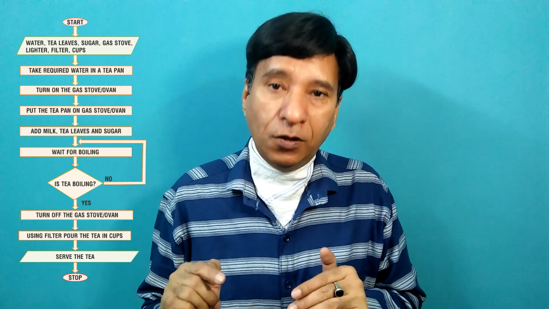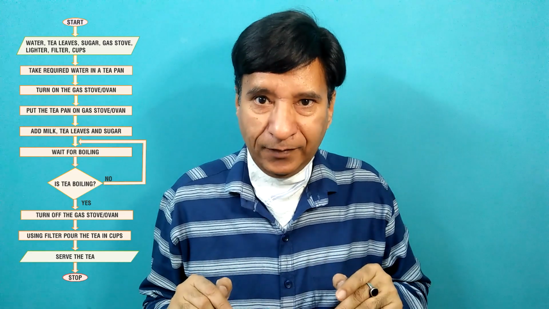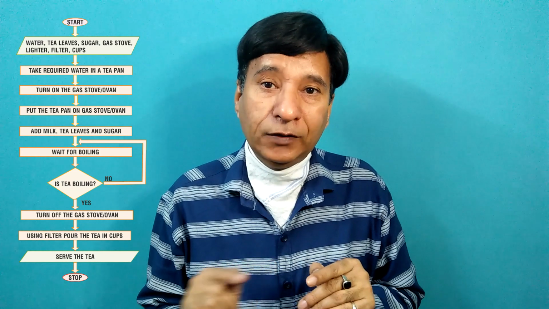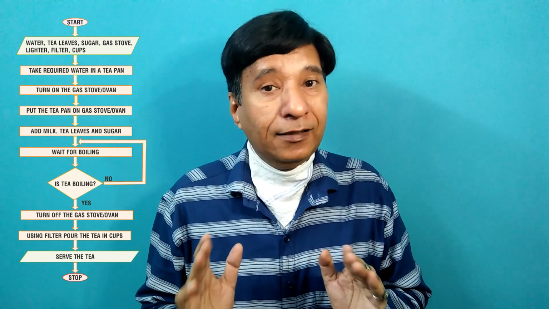So make a decision box. In this decision box, you will write: is the tea boiling? If the tea is boiling, downward you can write yes. If yes, then comes the next step, and if no, you can make a loop connected to wait for boiling, and you will wait until the tea is boiling.